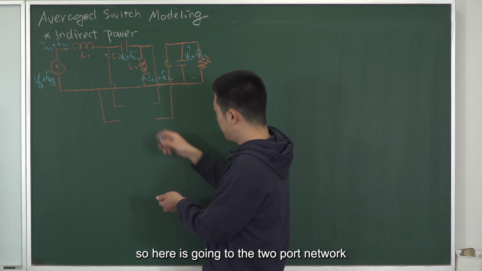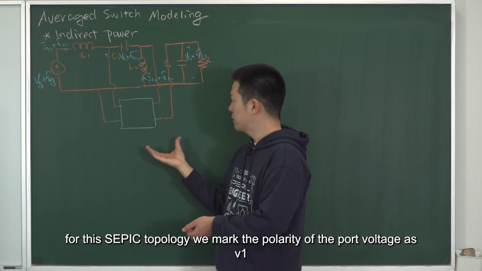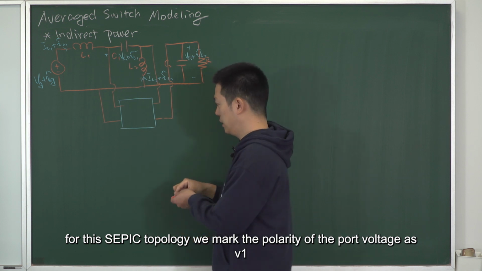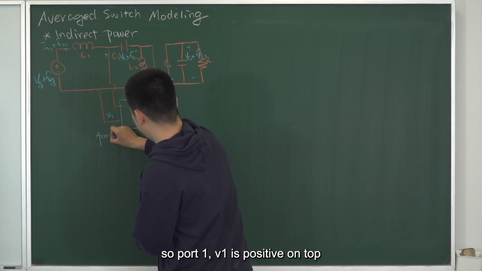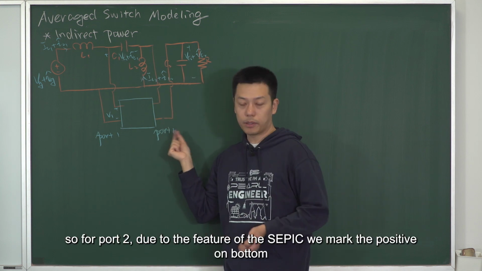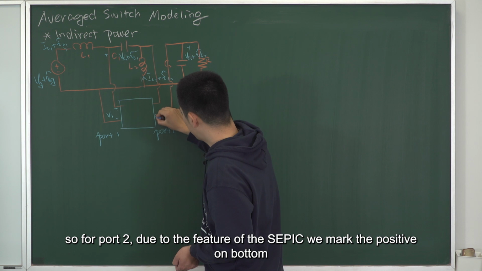So here is going to the two-port network. For this SEPIC topology, we mark the polarity of the port voltage as V1. So port 1, V1 is positive on top. And the port 2. So for port 2, due to the feature of the SEPIC, we mark the positive on bottom.